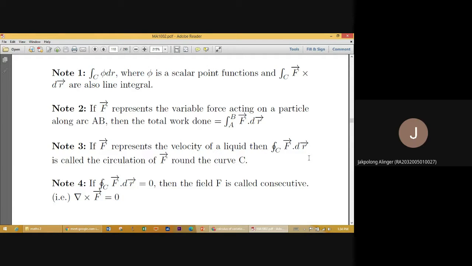Conservative force. Yes, exactly, del cross F equal to 0, irrotational. We wrongly typed consecutive, which is not correct. If it is independent of path, that is called a conservative vector field. This is an important point.